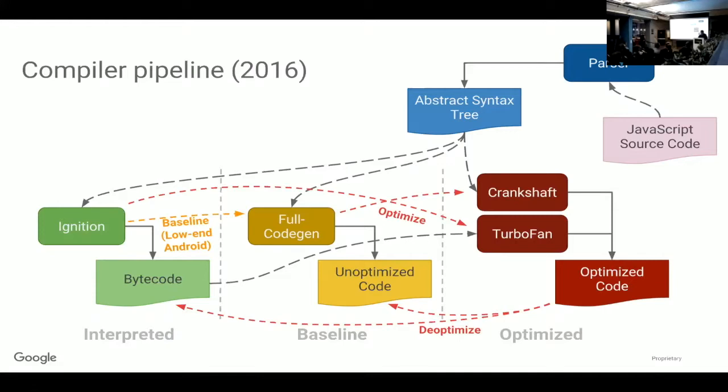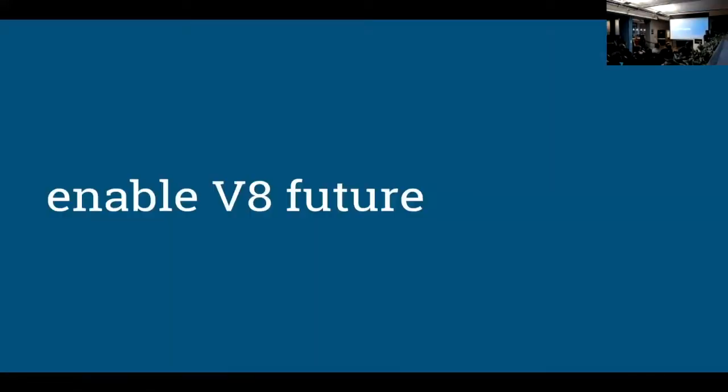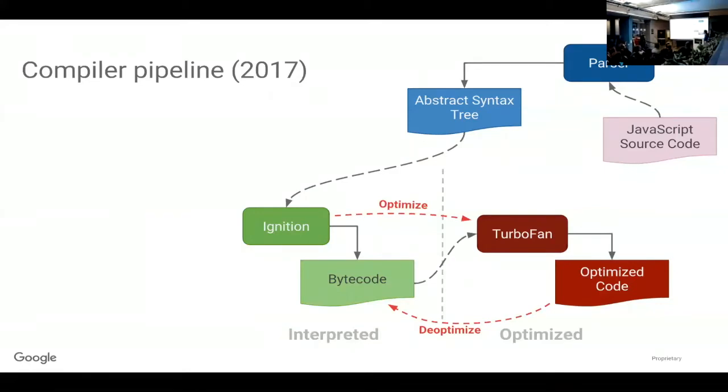At the beginning of this year, this would be the part where I would explain what you can do to write code that is perfect for Crankshaft or for TurboFan. But we enable the future. The future looks like this. We kick out Crankshaft, we kick out the semi-optimized, pre-optimized machine code.